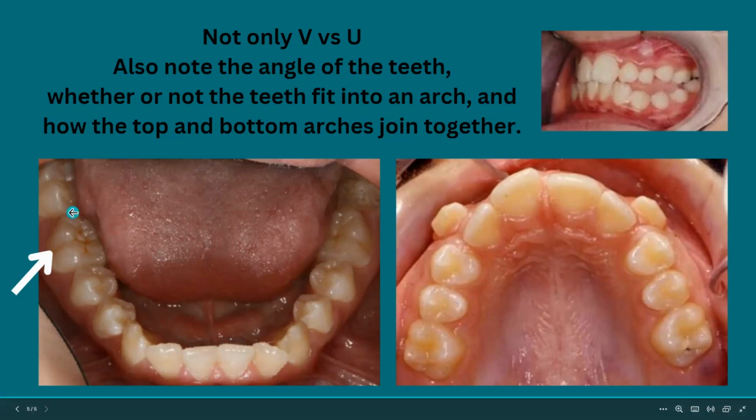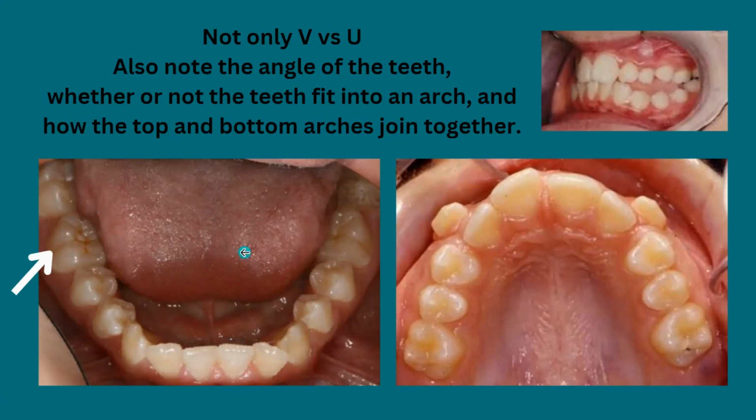And then also to mention that it's not just the overall shape of the arch that's affected by the tongue position, but also the angle of how the teeth are.